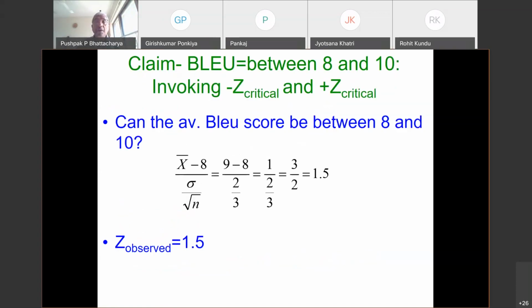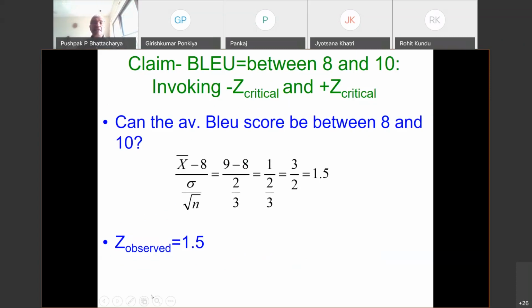Now I come to the instrument that is available to me and a situation which is consistent with that particular instrument. So far the claims were for blue score equal to some value, 10, 3, 15, and so on. Since I have an interval, minus 1.96 to 1.96, let me look at a claim which is also an interval kind.